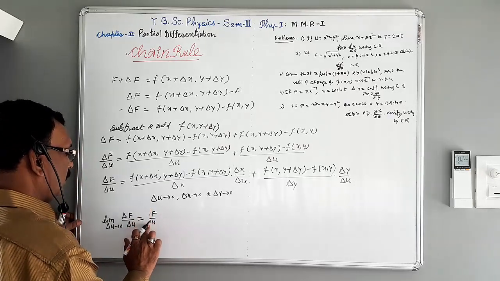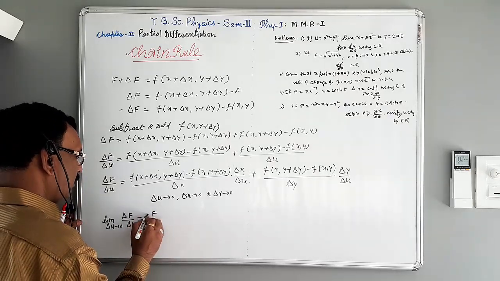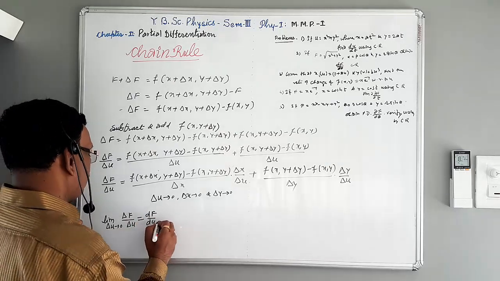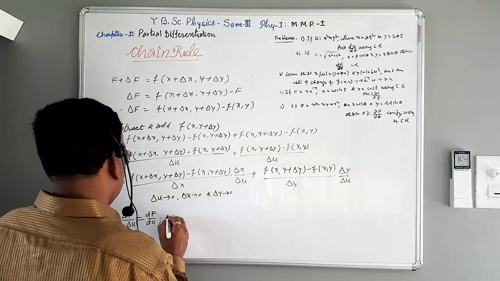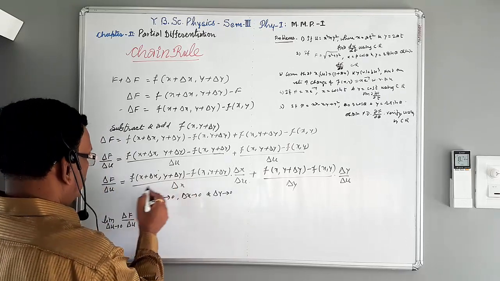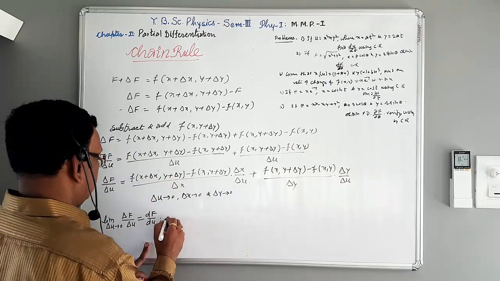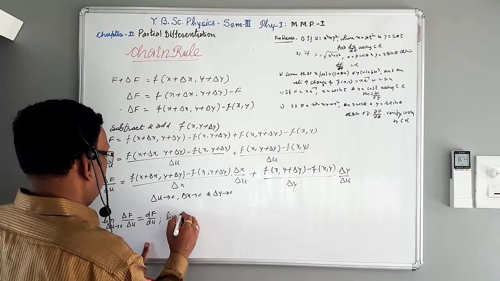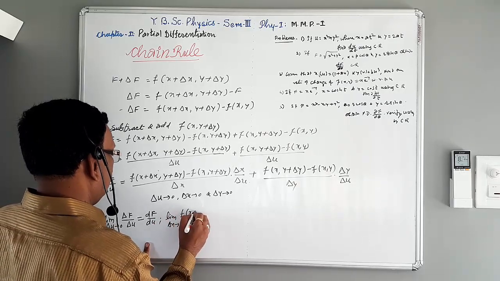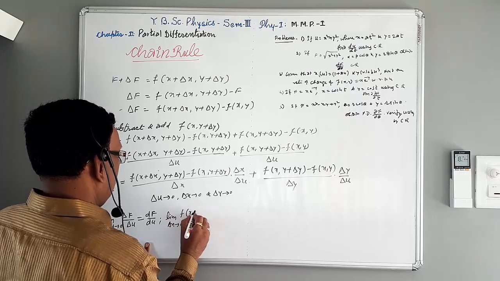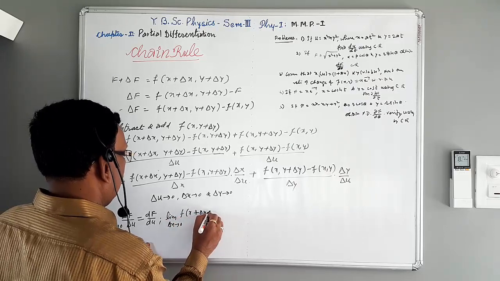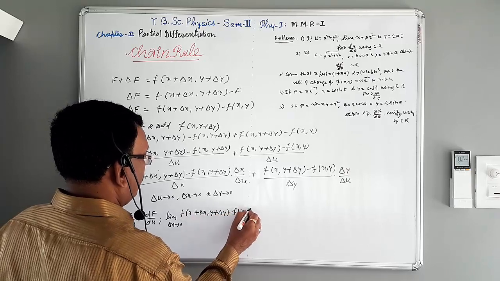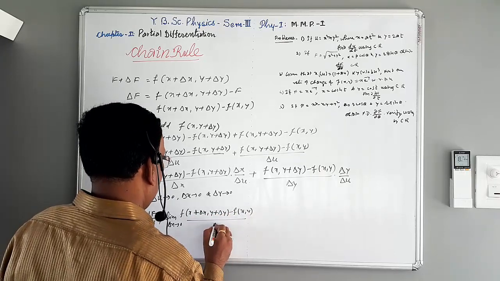Same is there, instead of del by u can also write simple d. Okay. Similarly, put the limit for this term, that is limit delta x tends to 0, f of x plus delta x comma y plus delta y minus f of xy upon delta x.